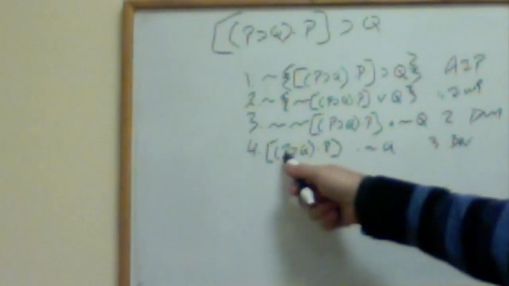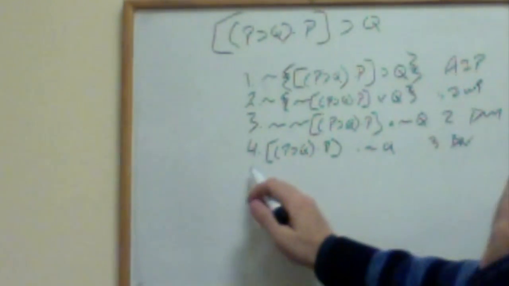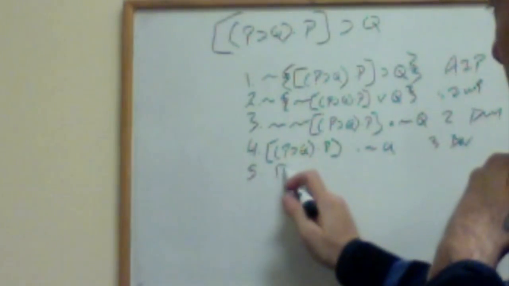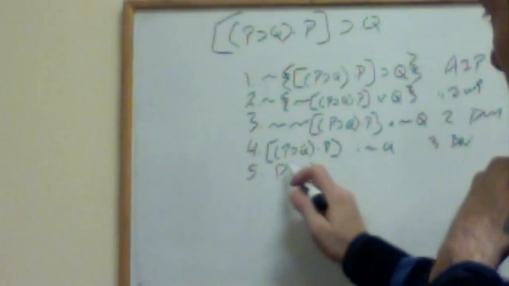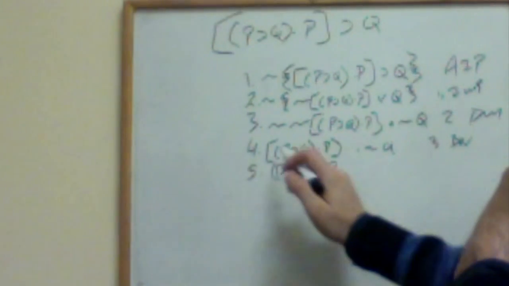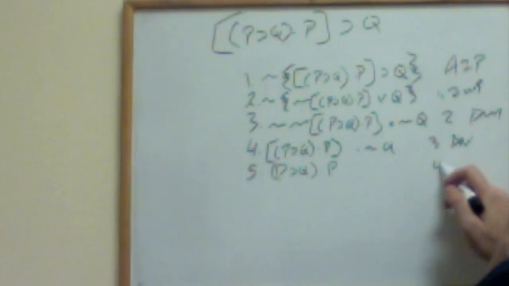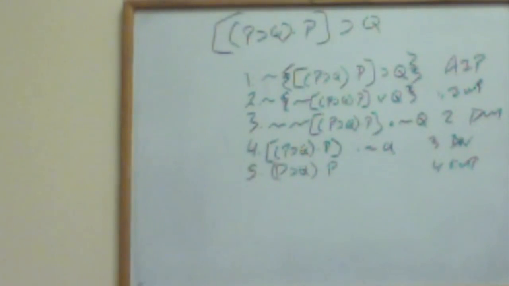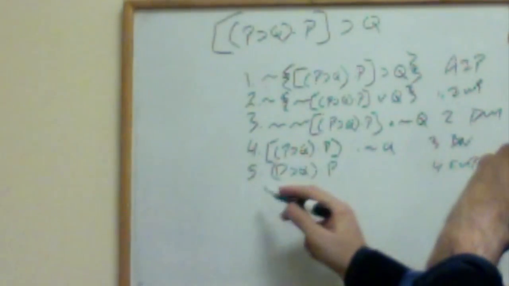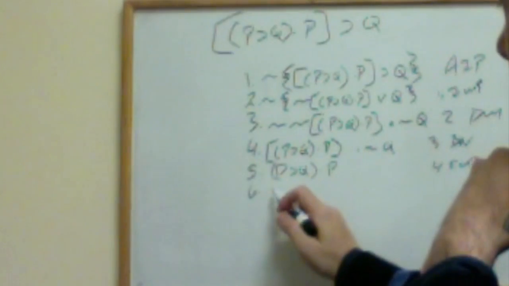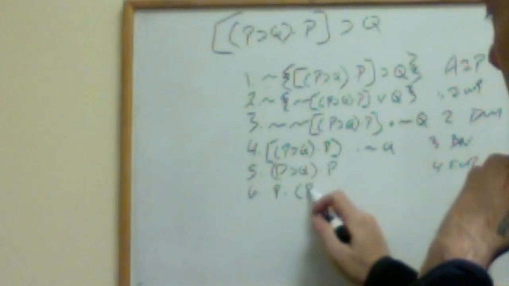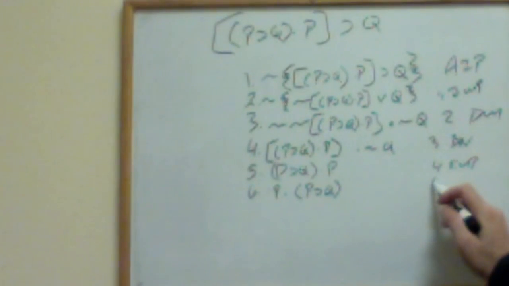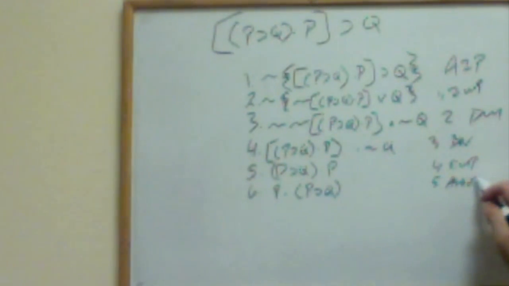So now we can simplify and we can get this. So we can write down line 5 and we'll write this down, P horseshoe Q dot P. And we got that from line 4 by simplification. So that's fantastic. Now we can apply associativity to that, write down line 6, and that says P dot P horseshoe Q, and so that's fantastic, from line 5 by associativity.